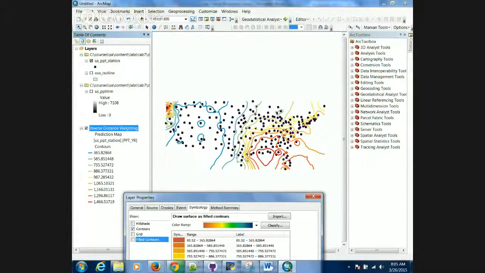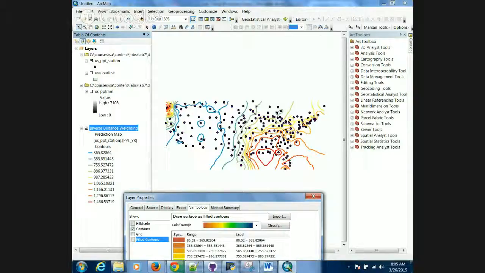So what this implies is that if you're right here and you travel north-south, there's not a whole lot of difference in precipitation change. If you travel east-west, there's a definite gradient as you get more and more precipitation.